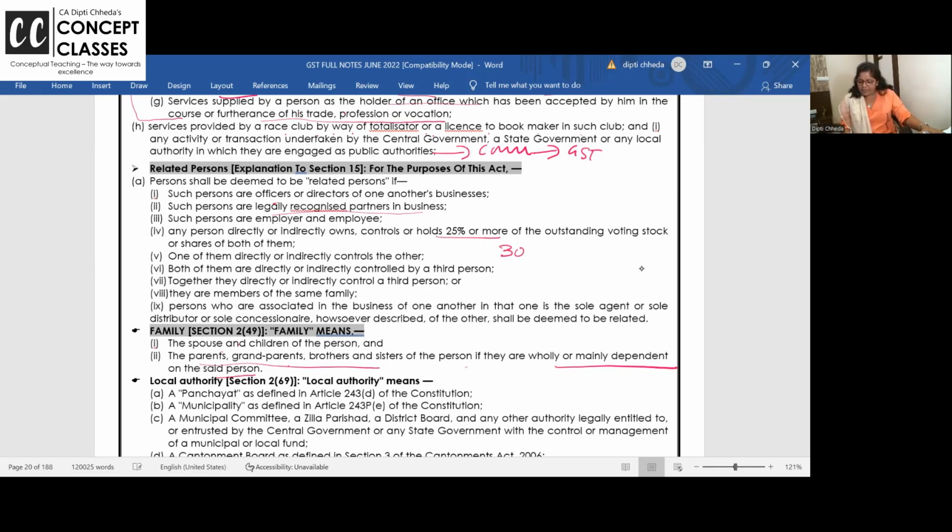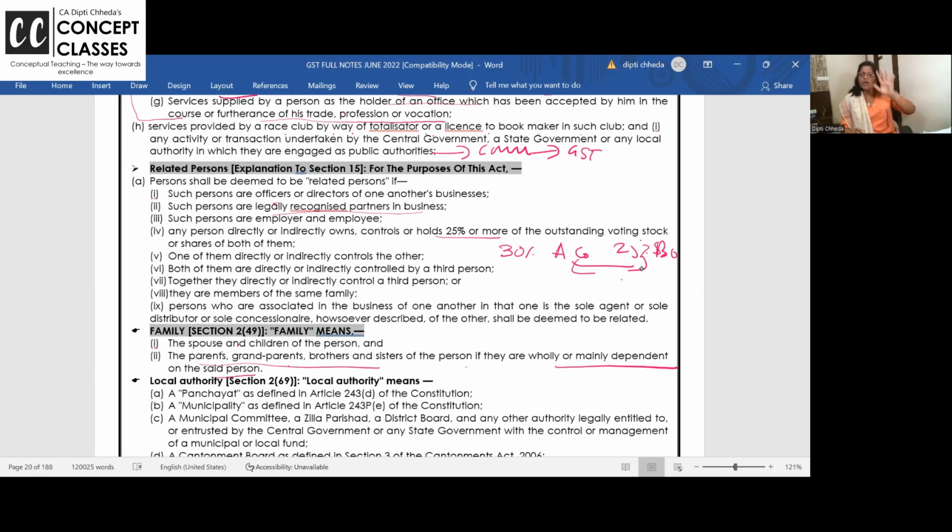I am having 30% shares in A company and I am having 25% shares in B company. Common shareholder. A and B company will become related persons. Literally, for each of these you can write a page of notes and examples. I do it in direct taxes for final students. When we teach international transactions, GAAR and all, you don't need it here. Just have a broader view, understand.